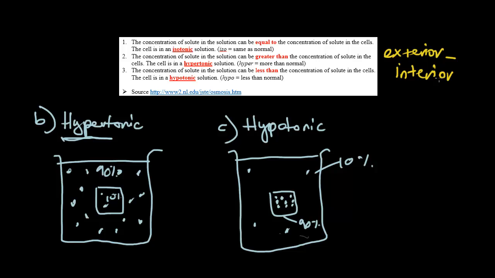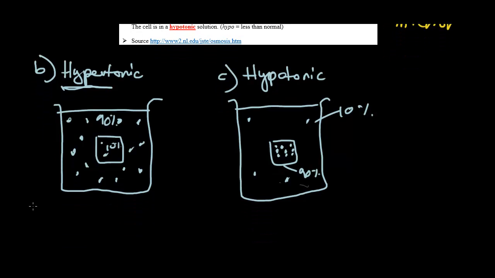In this one, we're talking about solute concentration, remember? So in hypertonic, the exterior has more solute concentration than the interior. And in hypotonic, the interior has more solute concentration than the exterior.